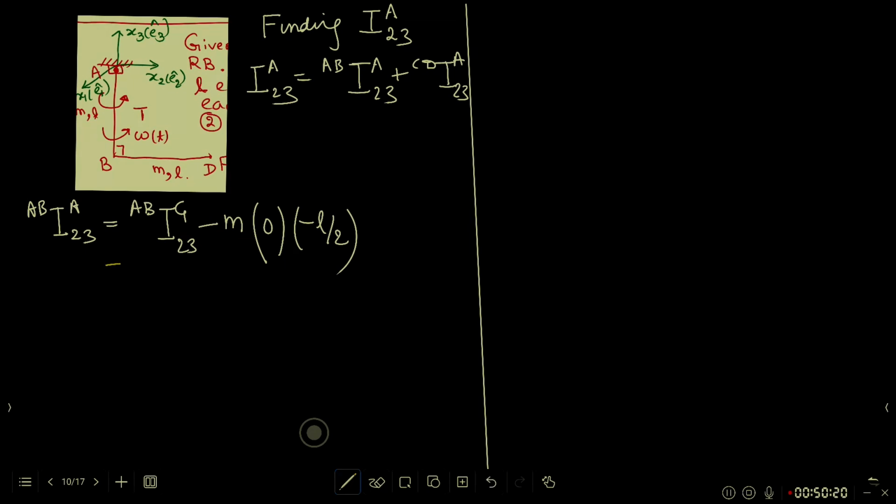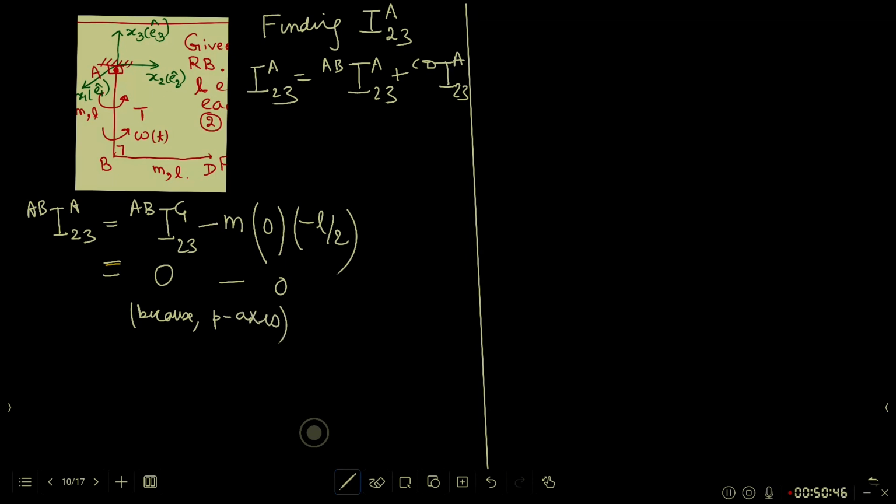That is also going to be 0. Why? Because of the p-axis, something to do with p-axis. That's the hint. So this is just 0.